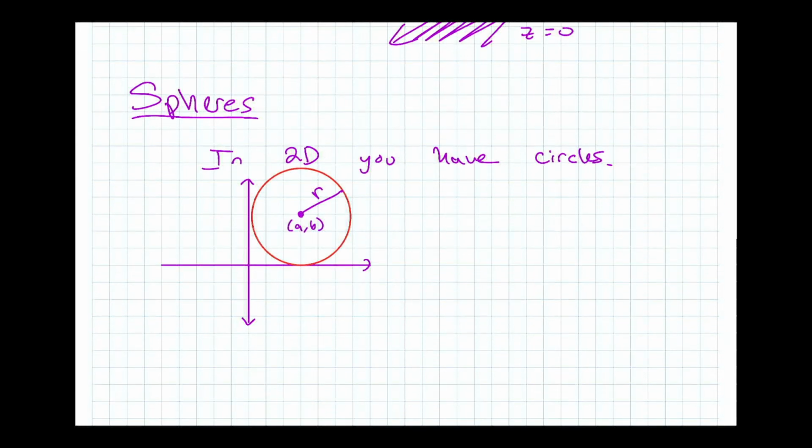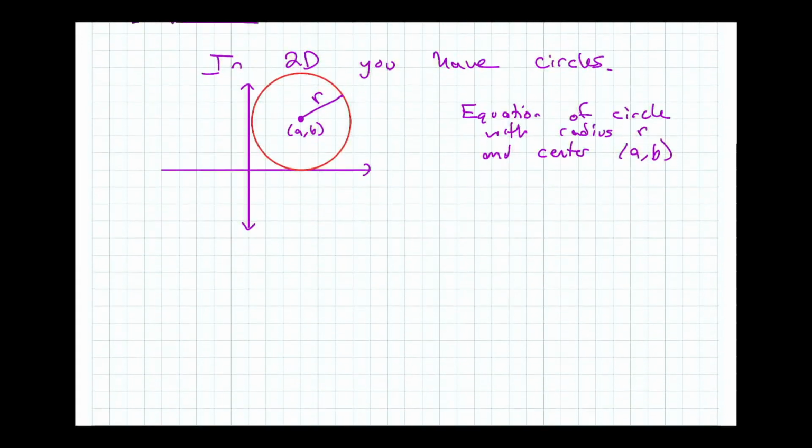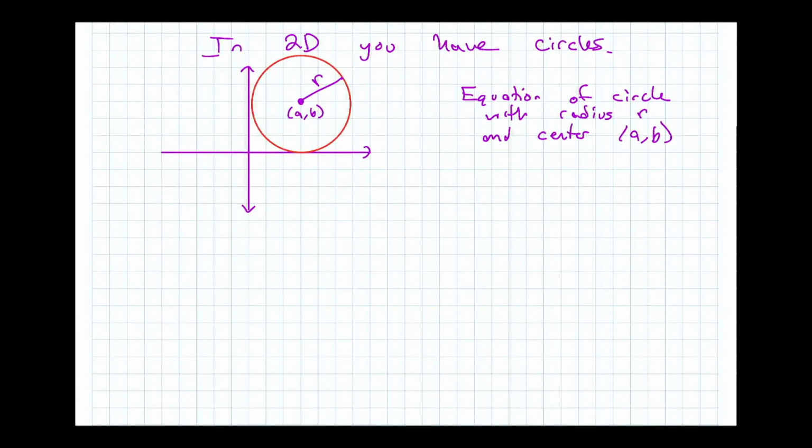Then if you want the equation of that circle, I'm going to write equation of circle with radius R and center A comma B. You probably will be familiar with this equation. It would be x minus a squared plus y minus b squared equals r squared, right?